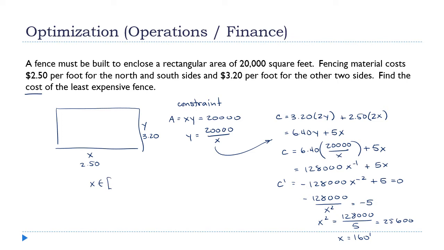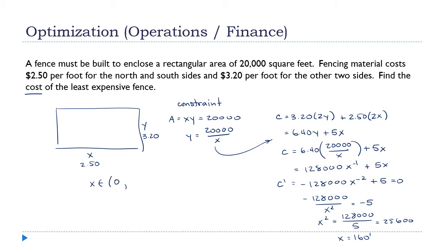What's its minimum value? Well, see, here it gets a little weird. X doesn't really have a minimum value. X can't be 0. If X is 0, Y is 20,000 divided by 0, and you can't do that, right? So this is going to have to be open here.